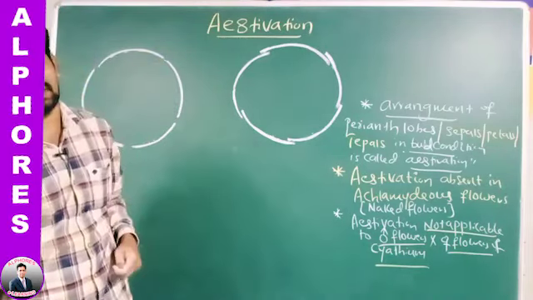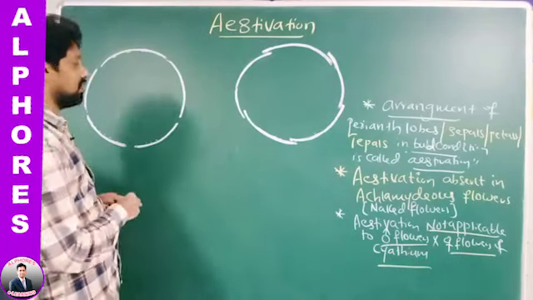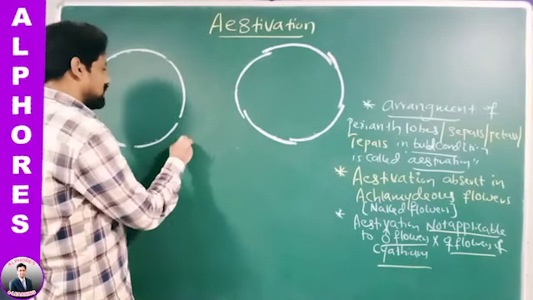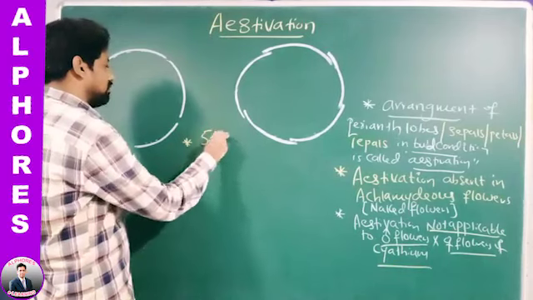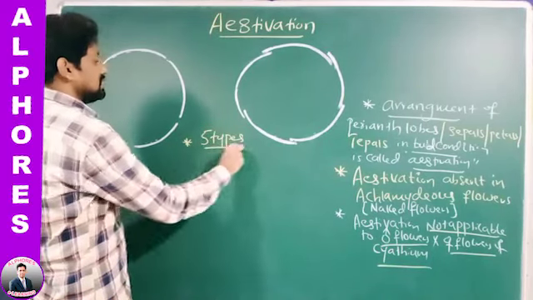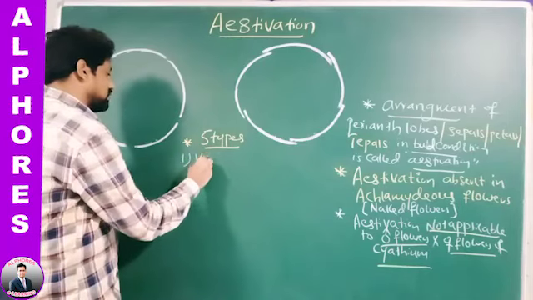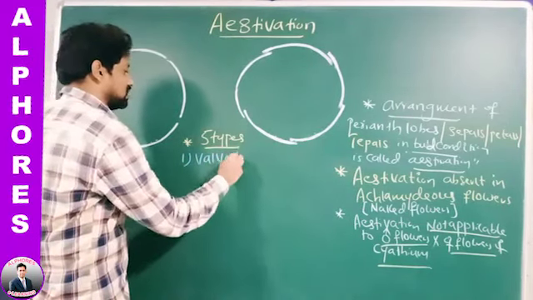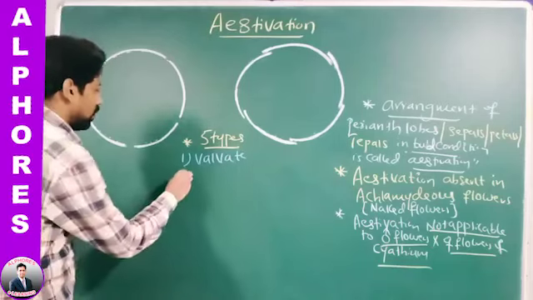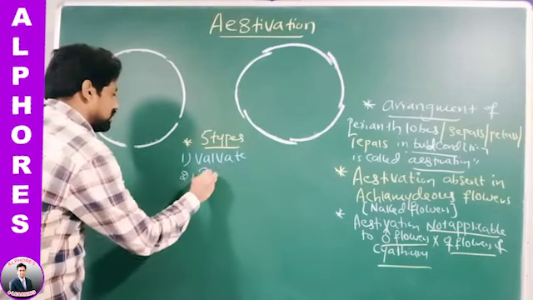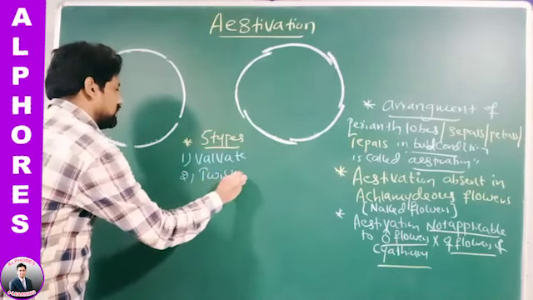Estivation is of 5 types. What are the 5 types? The first one is valvate estivation. The second one is twisted estivation.